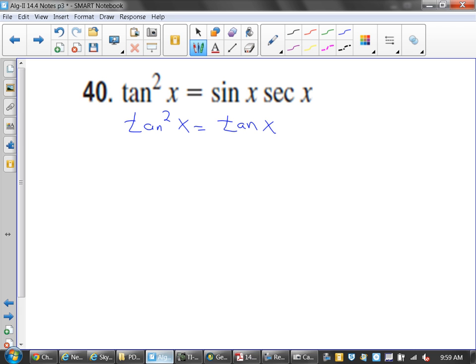Divide everything by tangent. Where do you have a tangent equal to 1? Pi over 4, very good.